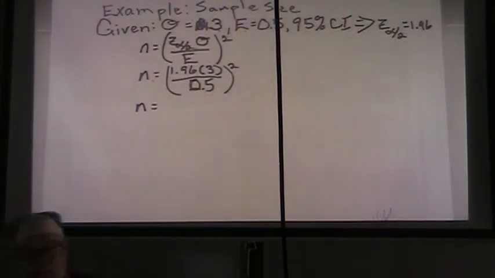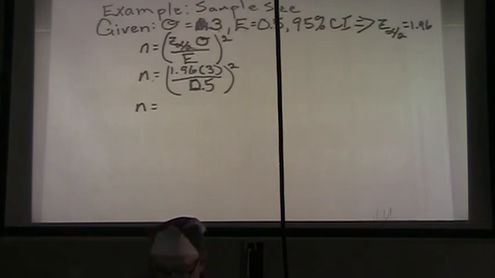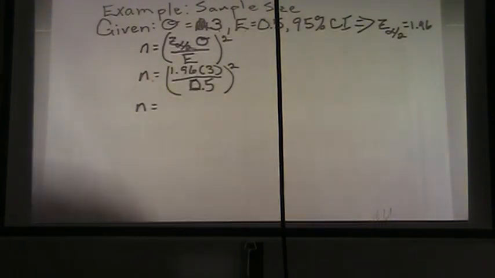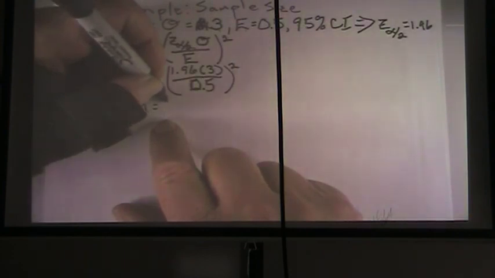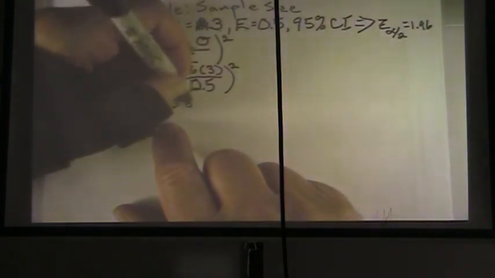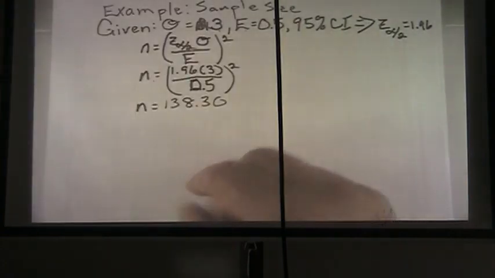Therefore, N equals power 1.96 times 3 divided by 0.5, comma, 2, right parenthesis, equals 138.30.